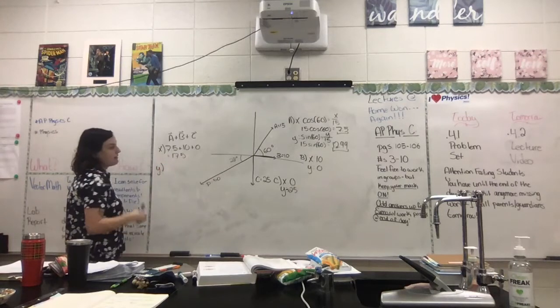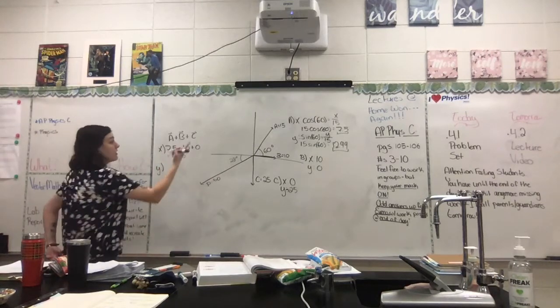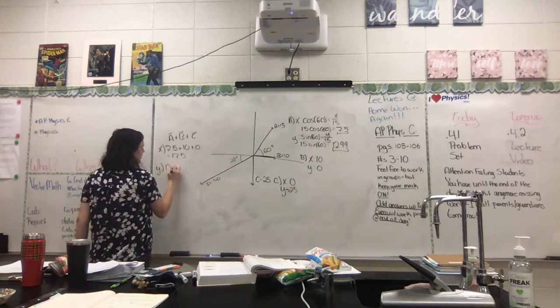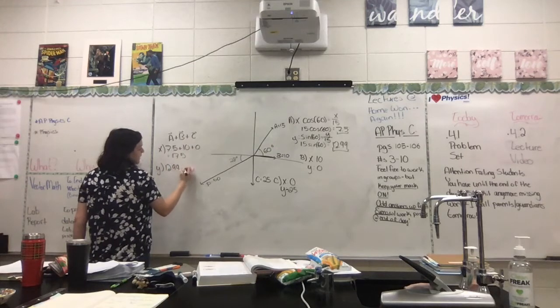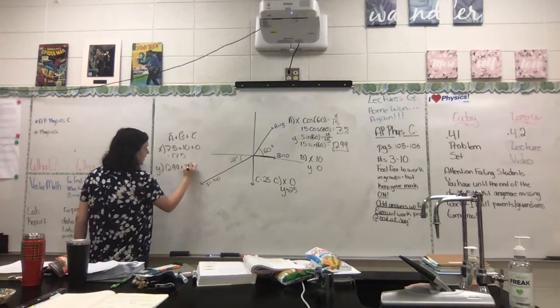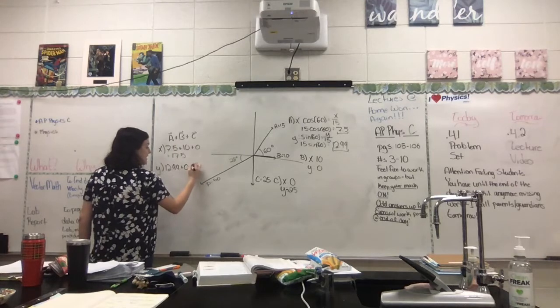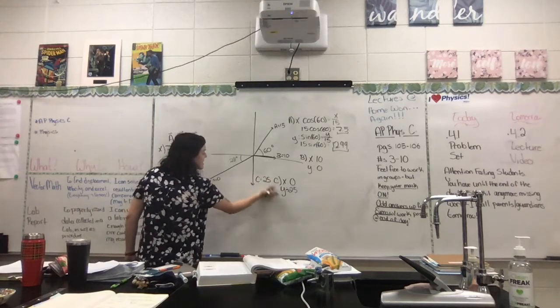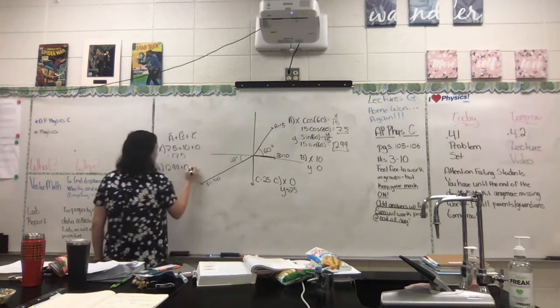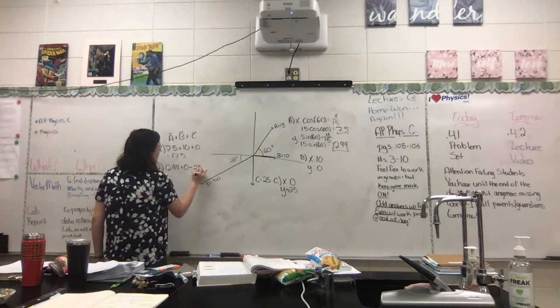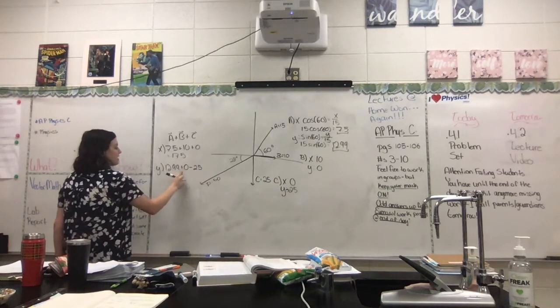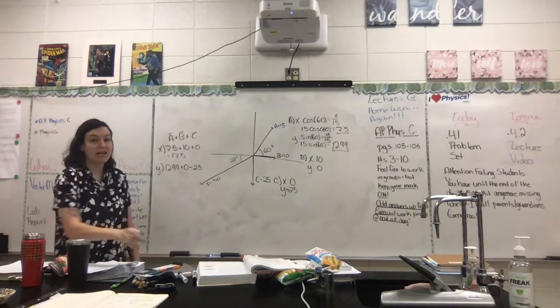Now we have to think about the y component. We know that the y of A is 12.99, the y of B is 0, and the y of C is negative 25. So we're going to have 12.99 plus 0 minus 25.